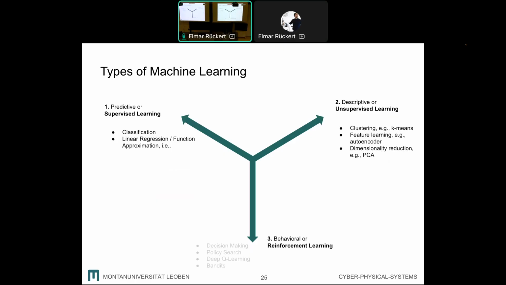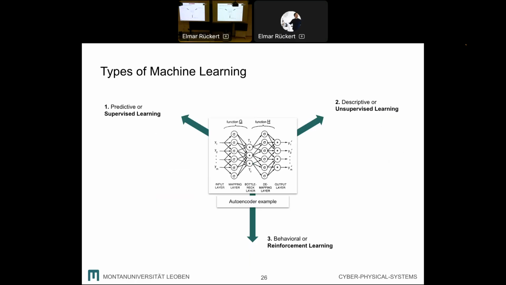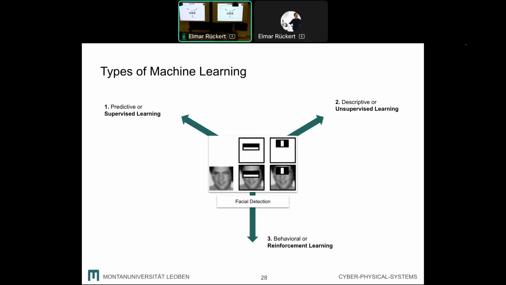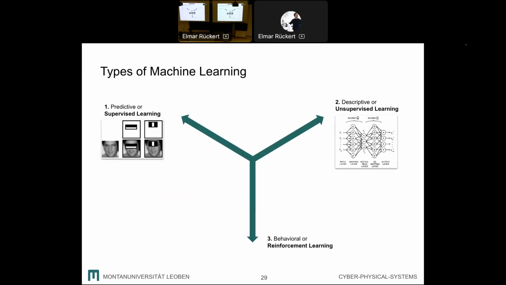Here are some examples. I skipped that now. Now, question to you. This example, to which category does it belong? Unsupervised. Correct. Next, facial detection. It's a bit harder. Supervised, yes.